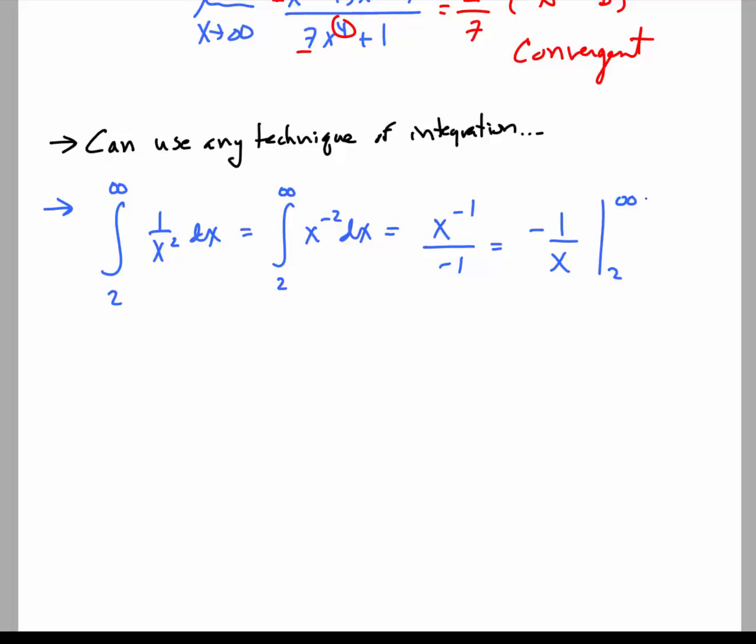Now a couple things I want you to keep in mind here. I can't plug infinity in here. So quick note, do not write -1 over infinity. Don't write that, because I can't plug infinity directly into an expression. What I need to do is write this as the limit as x approaches infinity.